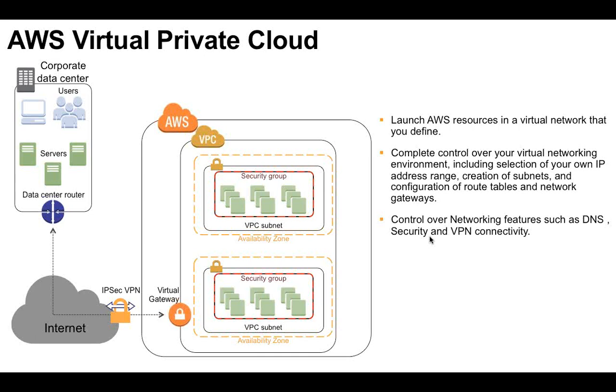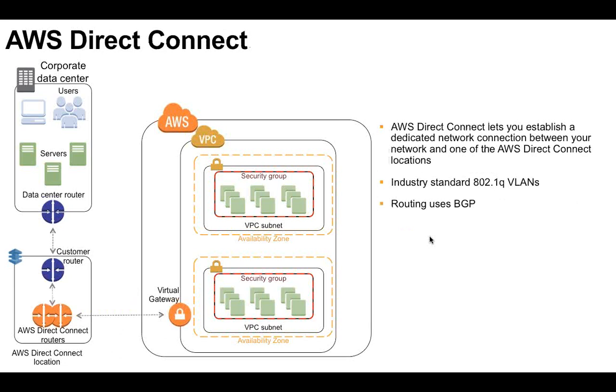Now you can extend this, and as you start using more and more resources on AWS, if you need to send more data into AWS or exchange a lot of data back and forth, then a good option could be Direct Connect, because when you run an IPsec VPN, you're leveraging the internet connectivity, and this may not be consistent or it may not provide you a high throughput.